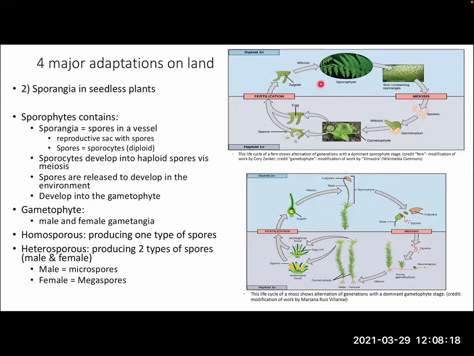Whereas for the fern, the sporophyte is the actual fern body that you see growing, and on the underneath of the leaves on the ferns, the sporophyte, you'll see these sori, which are little areas of spores that are haploid, and those spores are really the only haploid portion of the life cycle. The spores will grow into the gametophyte, which is the haploid portion of the life cycle.